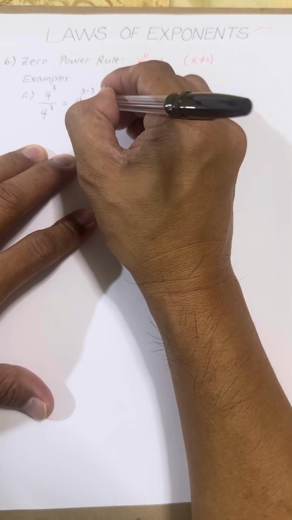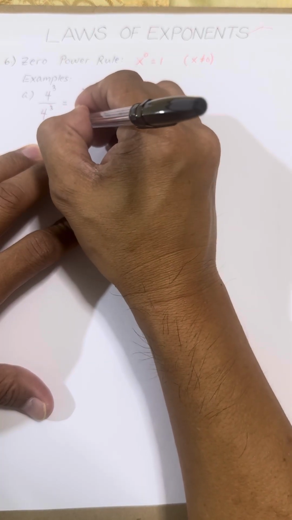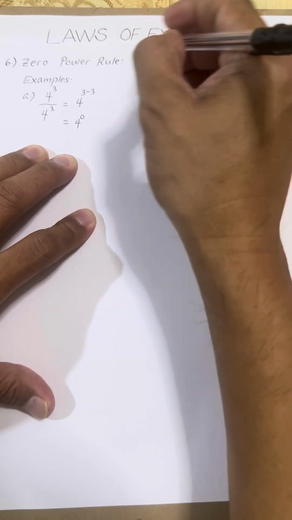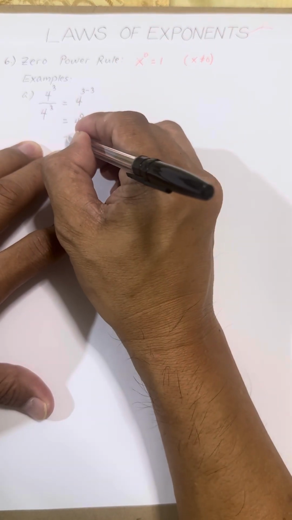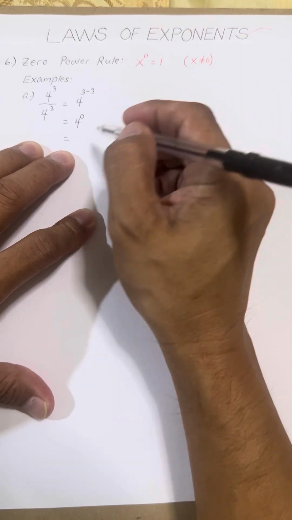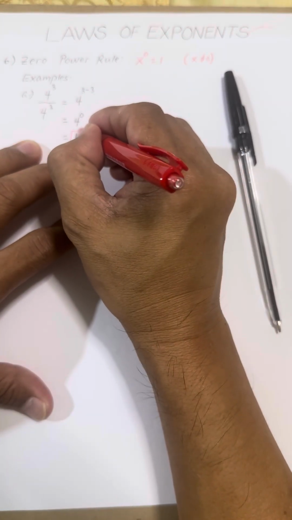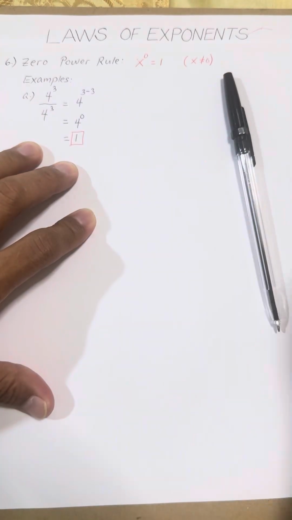So this will be 4 to the power 3 minus 3, which is equal to 4 to the power 0. So from this rule, any base raised to power 0 is equal to 1. This is our answer, equal to 1.